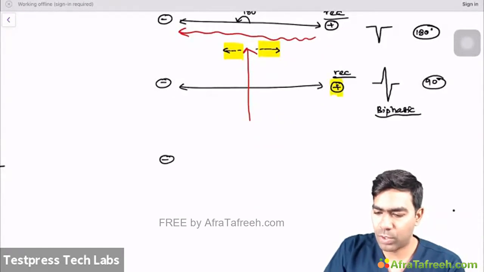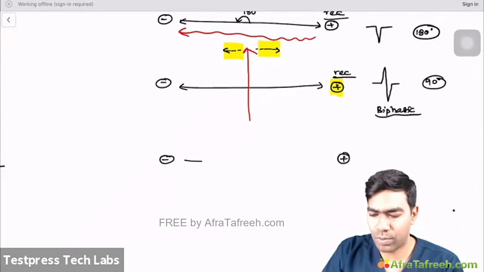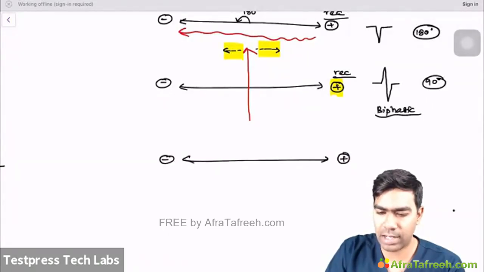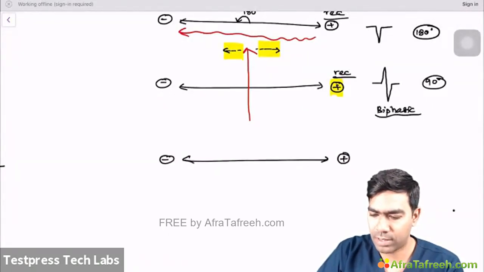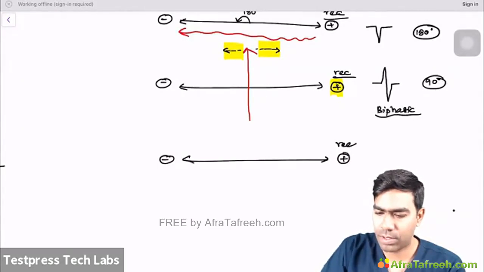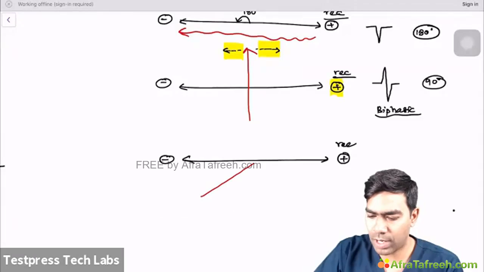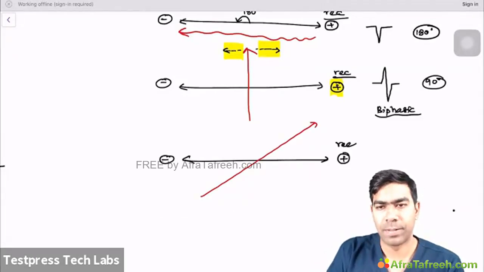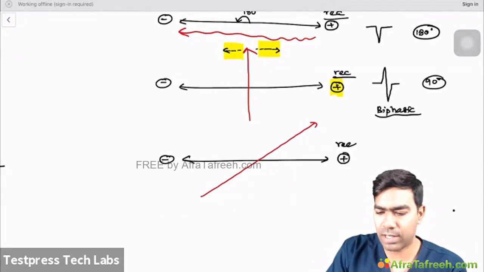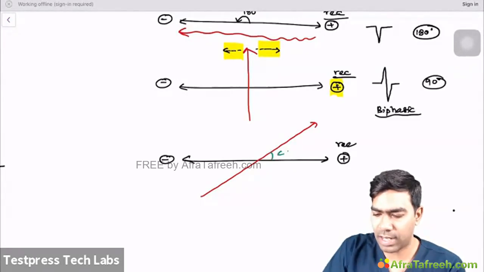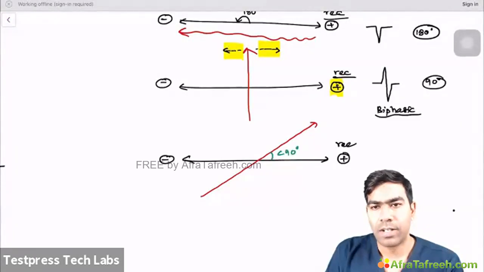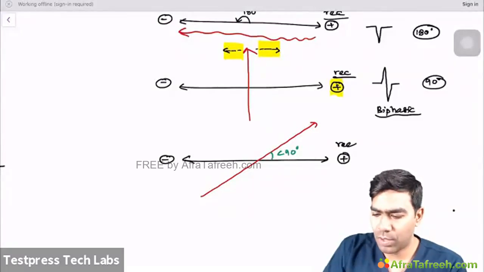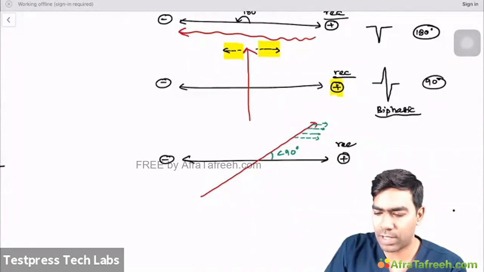Then if it goes at an angle, what will you do? Suppose it goes at an angle like this, and this is the recording electrode. Here the angle is less than 90 degrees. It is slanted towards the right side because there are more vectors acting towards this side compared to the number acting towards the other side.